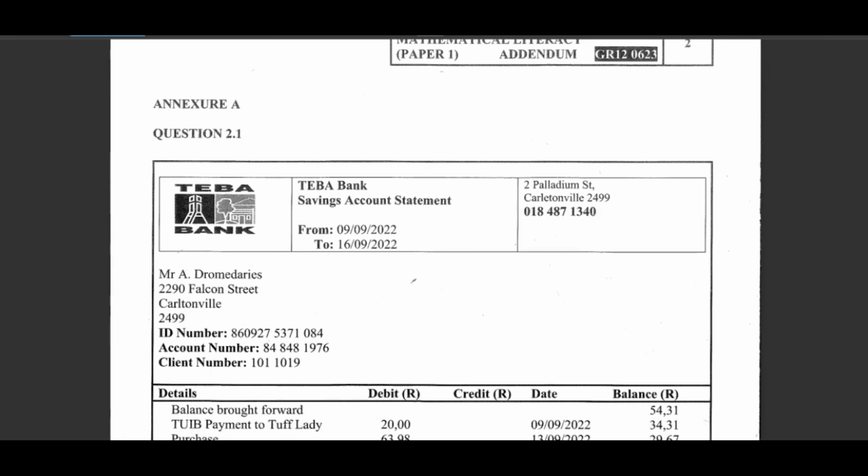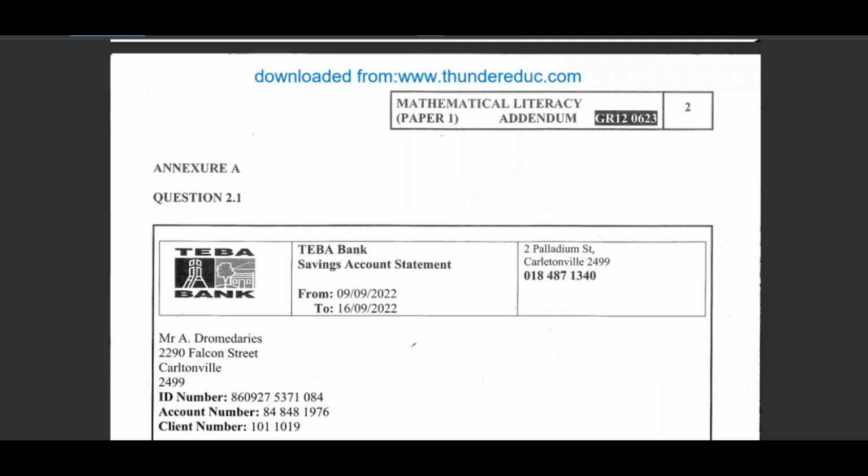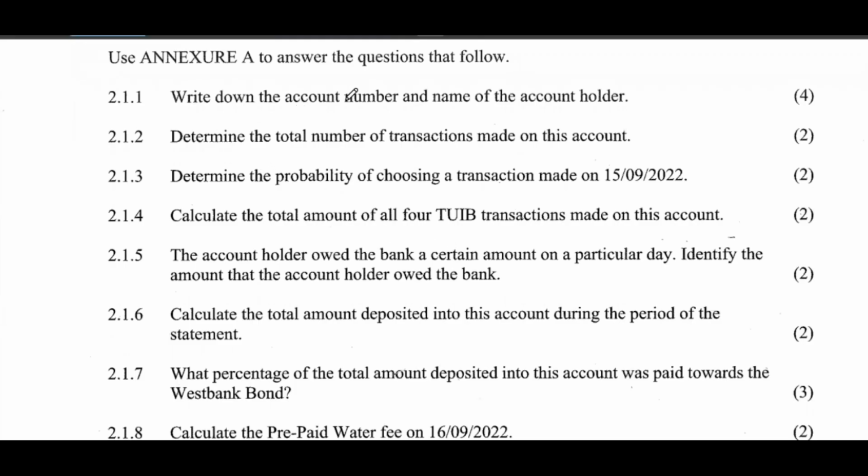Annexure A is there. Then write down the account number and name of the account holder. So we need two things. It's 4 marks.